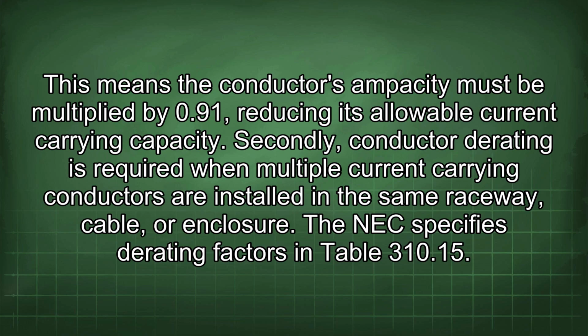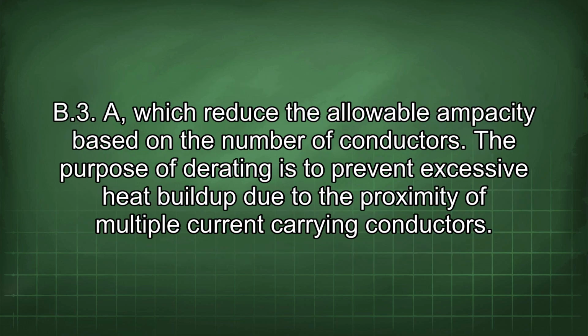Secondly, conductor derating is required when multiple current carrying conductors are installed in the same raceway, cable, or enclosure. The NEC specifies derating factors in Table 310.15(B)(3)(a), which reduce the allowable ampacity based on the number of conductors. The purpose of derating is to prevent excessive heat buildup due to the proximity of multiple current carrying conductors.